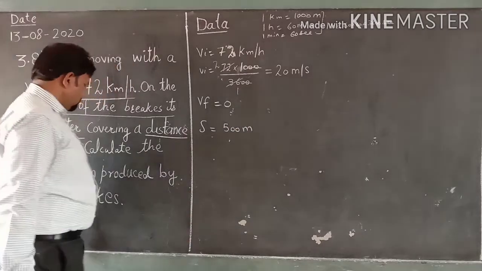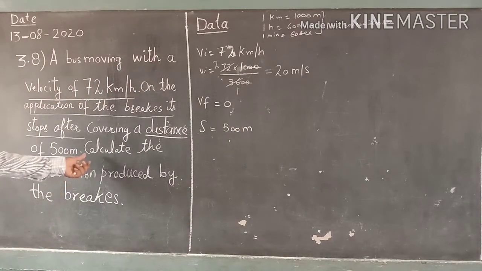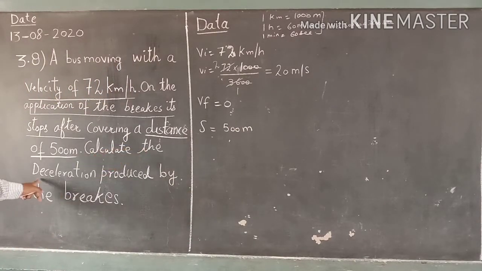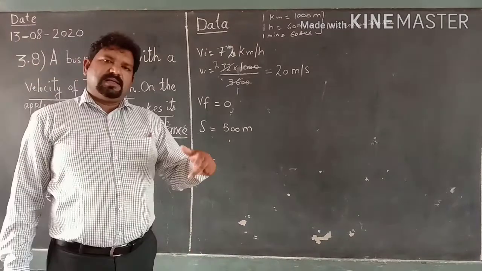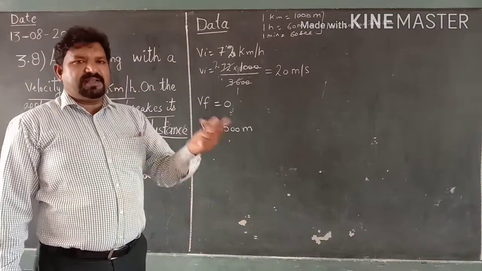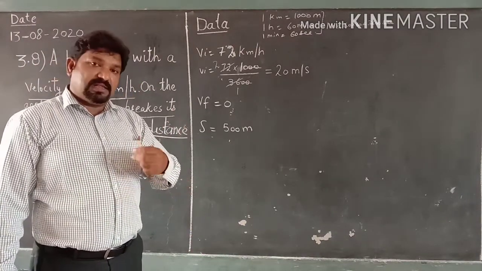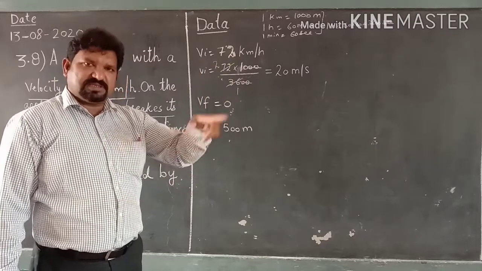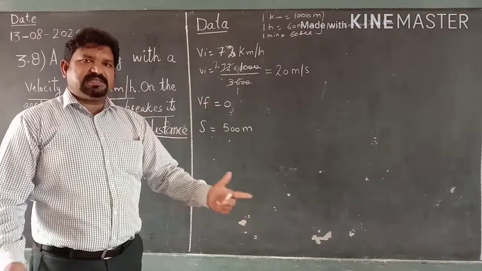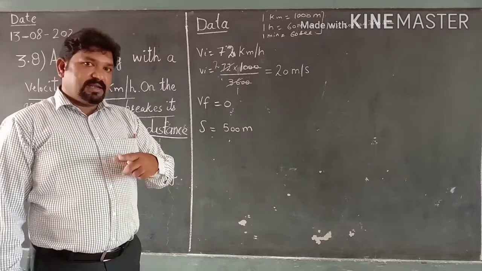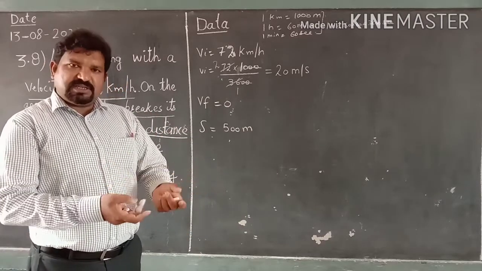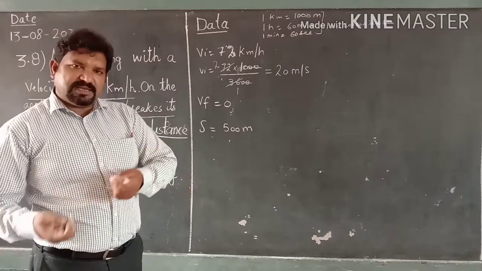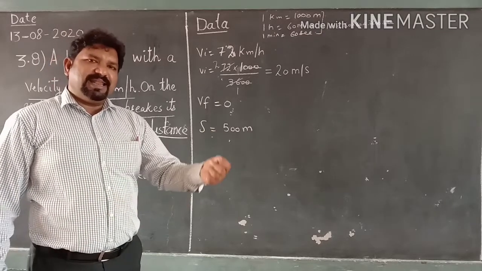Calculate the deceleration produced by the brake. Students, do you know when acceleration is produced and when deceleration is produced? When the speed or velocity is increasing, then acceleration is produced. And when deceleration is produced, it means the velocity of the body is decreasing. That is called negative acceleration.